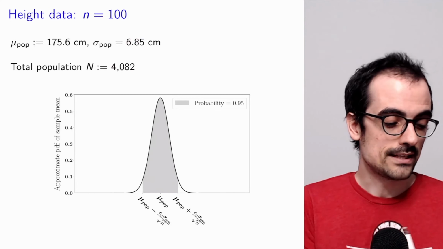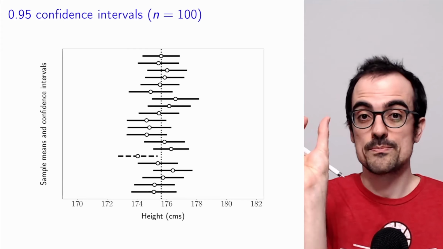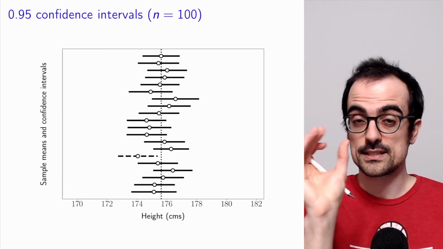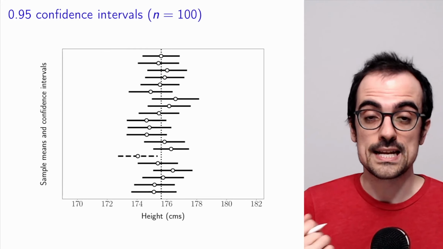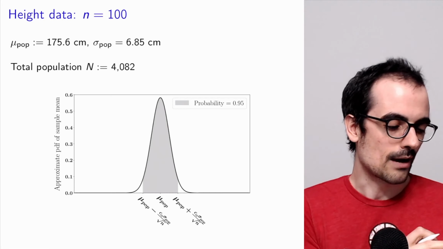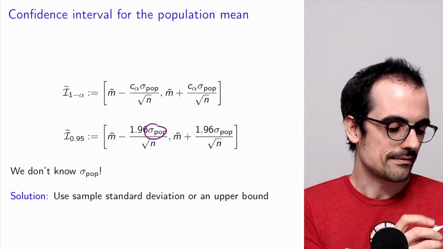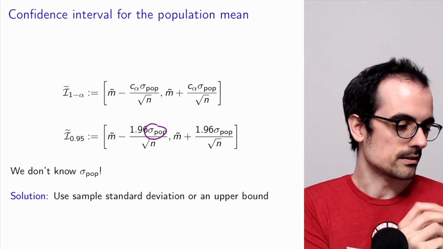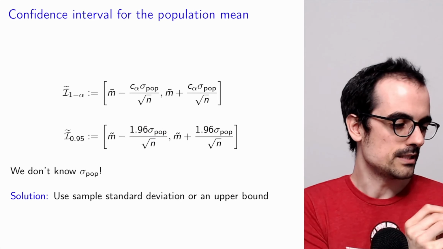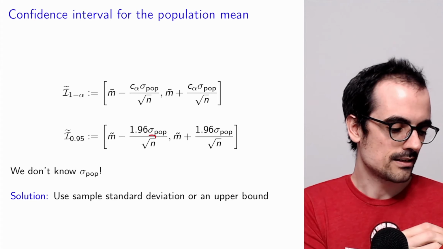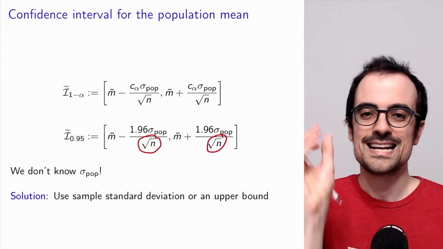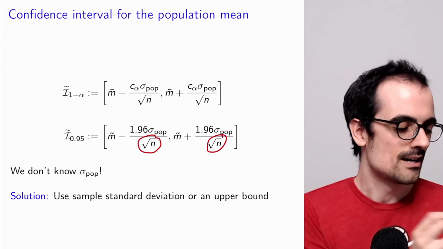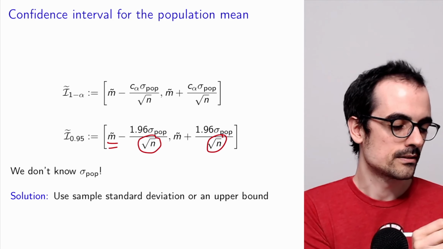If we increase n to be equal to 100, the confidence intervals shrink, because in our formula, we have this dependence with square root of n, which is quite satisfying, right? Because this means that as n increases, we're going to have less and less uncertainty around our estimate.